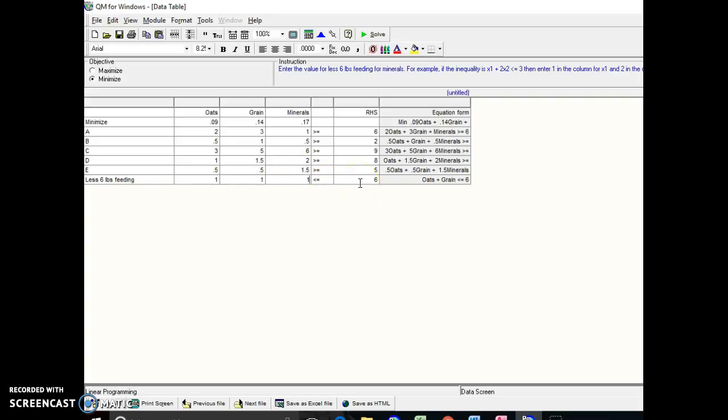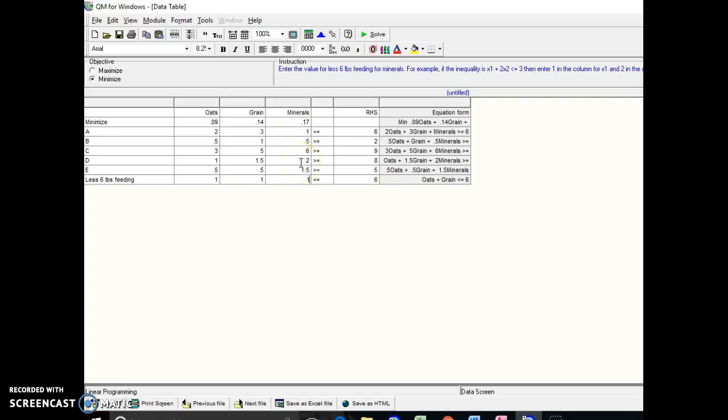And just let me double check our numbers here. Okay, we're minimizing for cost. Our 3 products, oats, grain, and minerals. For instance, product A has 2 units in oats, 3 in grain, and 1 in minerals.